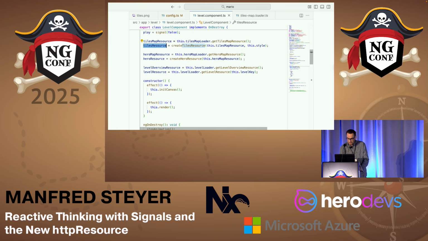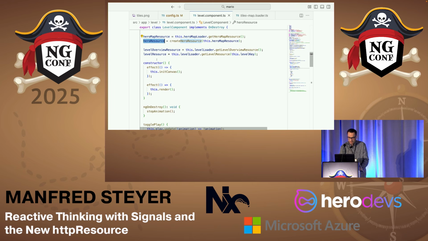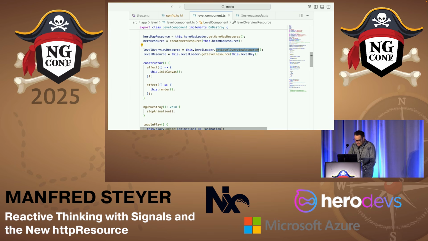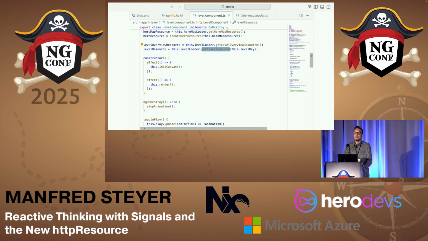I'm doing the same with the hero map resource and the hero resources, the frames of the hero, and then I have here my level overview resource that is just telling me you have a level 1 with this name, a level 2 with that name, and then it goes on with loading the level description file, this JSON file, you know. The key goes in, and every time the key is changing, I'm getting a new level resource.